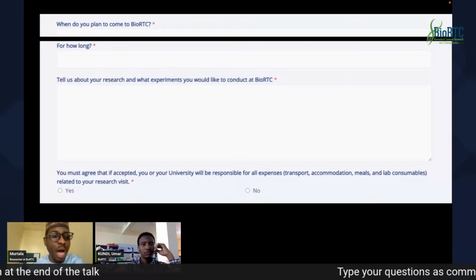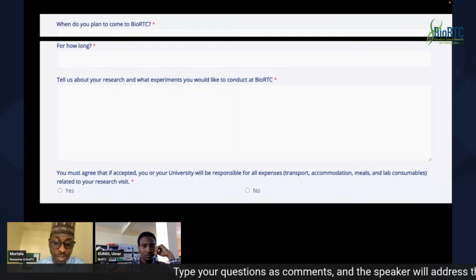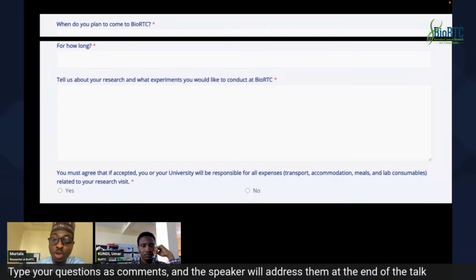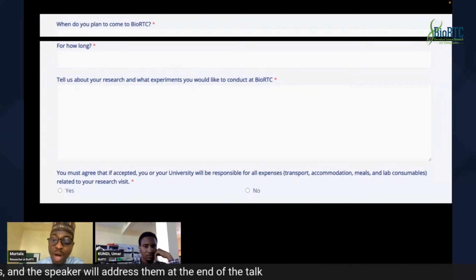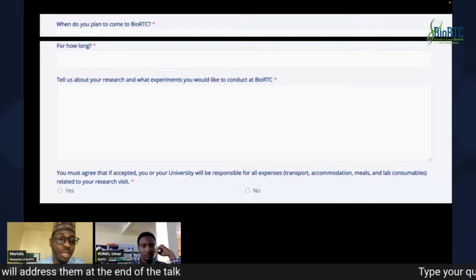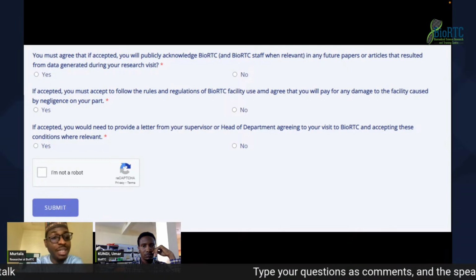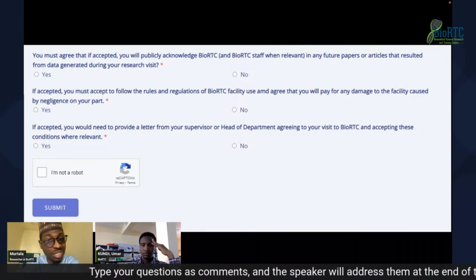Then we will ask you to agree that when you are accepted, you will be responsible for all the expenses like the transportation, accommodation, your upkeep. I'm going to talk more about lab consumables in my subsequent slide. And during your period of stay in the center, you must agree that when you come to BioRTC, because we are open access, you are going to use a lot of the resources there for free.